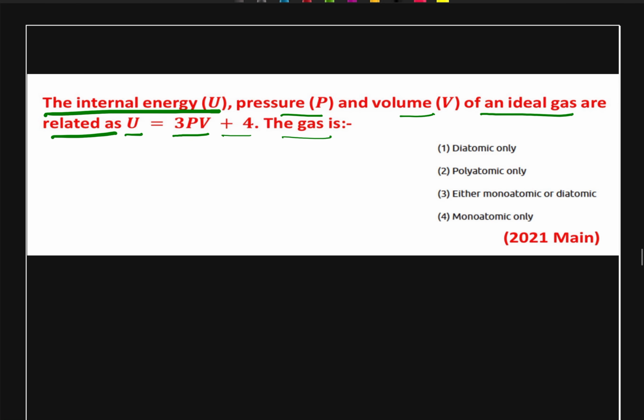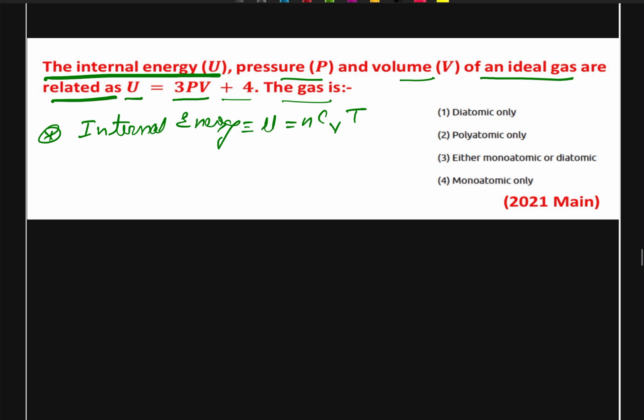So we start with our basic relationship, that is the internal energy, which is U is equal to n times Cv times T, that's our temperature. And from the ideal gas law, we know that PV is equal to nRT.